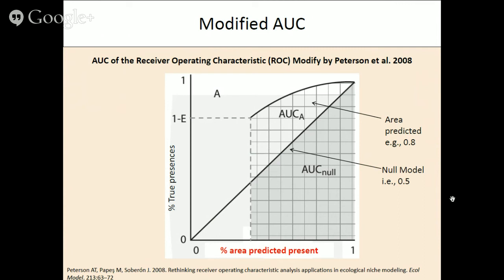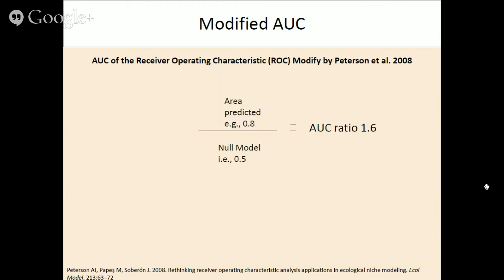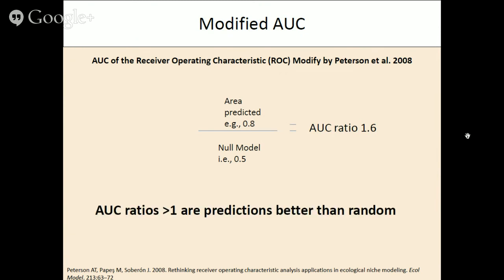So we measure a ratio between both areas that is going to look like this, in which we have the area predicted compared with the null model, and that ratio is going to be our measure of model performance. So ratios that are bigger than 1 mean predictions that are better than the null model.